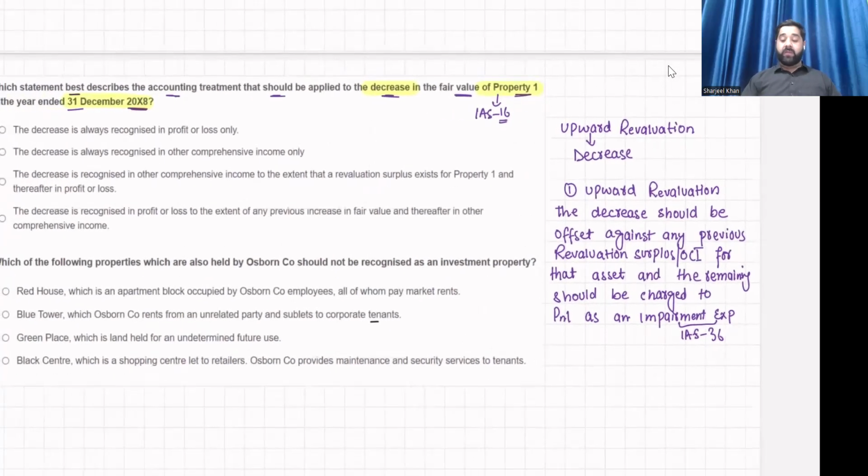Remember this note. If there is any previous upward revaluation, so first the decrease should be offset against the other comprehensive income or any revaluation surplus present for that asset, and then the decrease should be immediately charged to profit or loss.